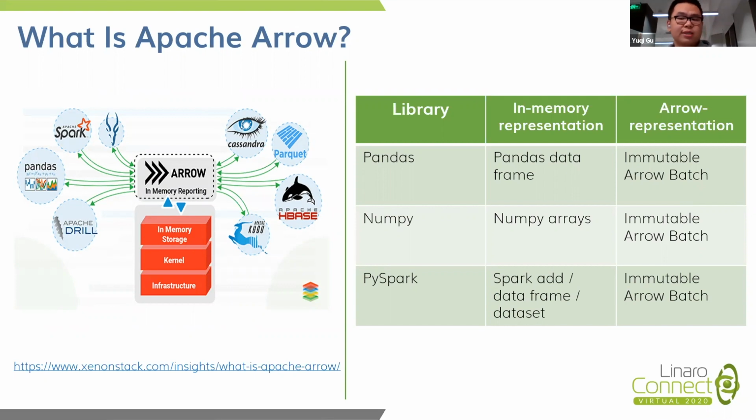It's easy to port a dataset into R or a system for machine learning in some use cases without any overhead of serialization and deserialization. As this table shows, pandas has its own data format, and PySpark also has its own. When we leverage Arrow, they all use the same data representation.